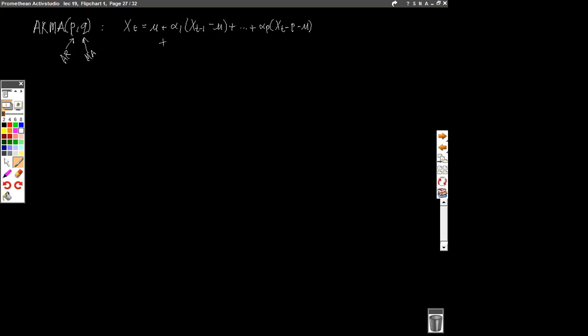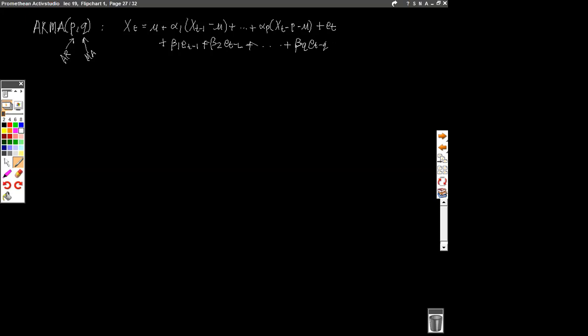And again plus, I will have q terms for beta. But before that, I will also write e_t here. And now I will have beta_1 e_{t-1} plus beta_2 e_{t-2}, and so on till beta_q e_{t-q}. And that will be the way to write my ARMA model.